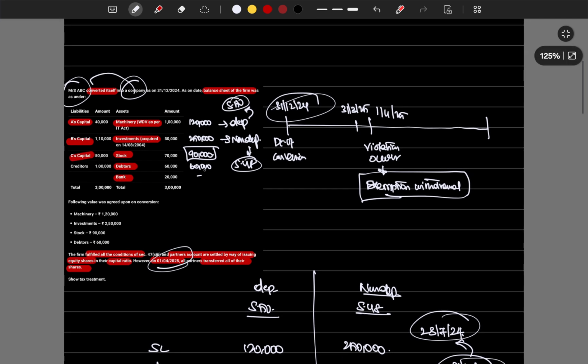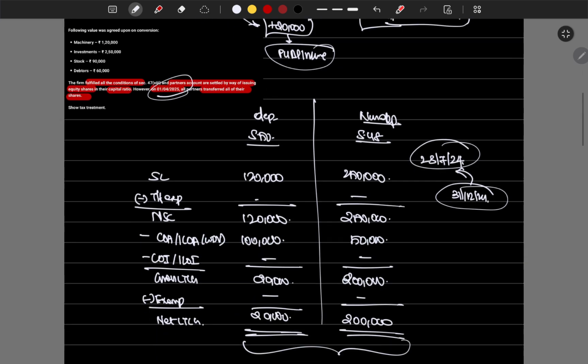Also, the company transferred these stock at 90,000 against 70,000, so they have additionally charged 20,000. This is actually the PGBP income you have to consider, and it is taxed under PGBP.